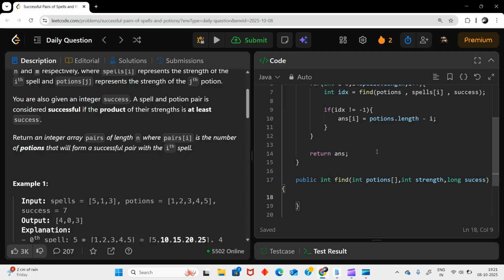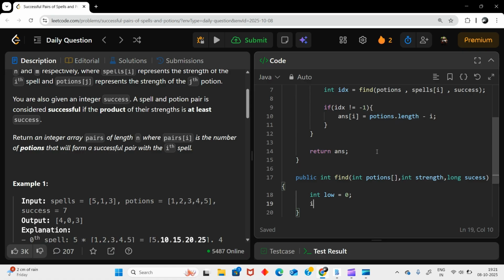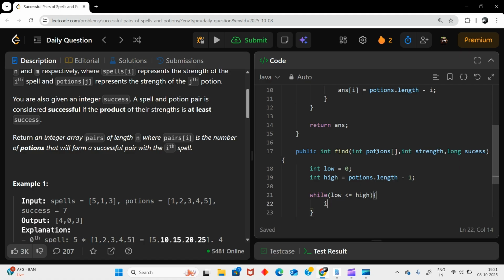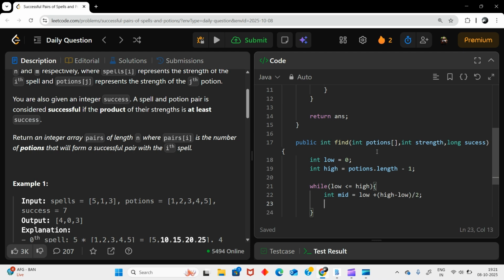Now here we need a low which will be initially 0, and a high which will be initially portions.length minus 1. And while low is less than or equal to high, first we'll find the mid. How can we find the mid? Low plus (high minus low) by 2 will be my mid.